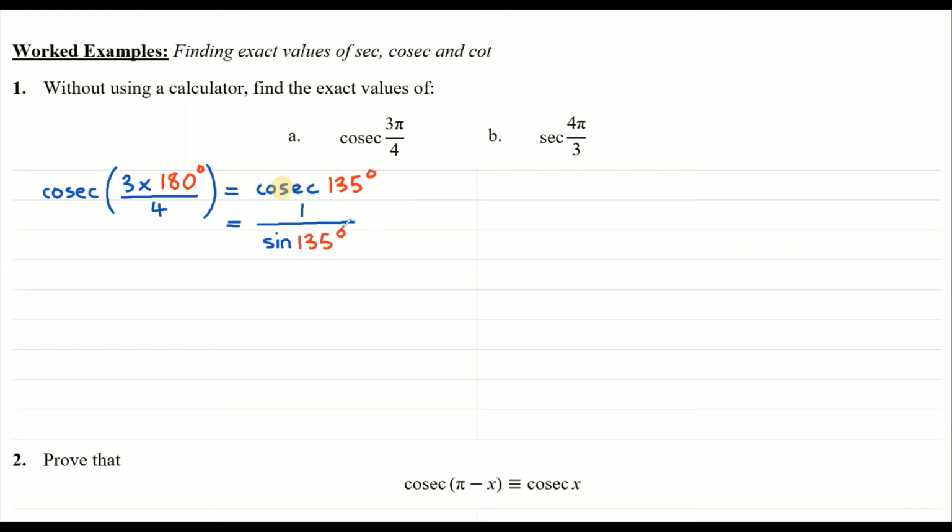Now this should ring some bells, shouldn't it? We saw this in the warm-up question, so I'm not going to go through all the steps again. We saw from the cast diagram that if you take the sine of 135, because it's obtuse, it has a positive value. So it's the same value as taking the sine of 45 degrees.